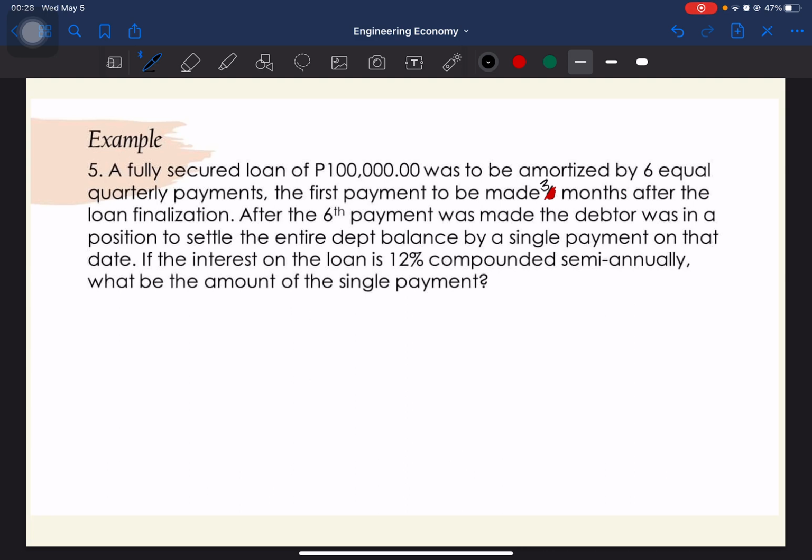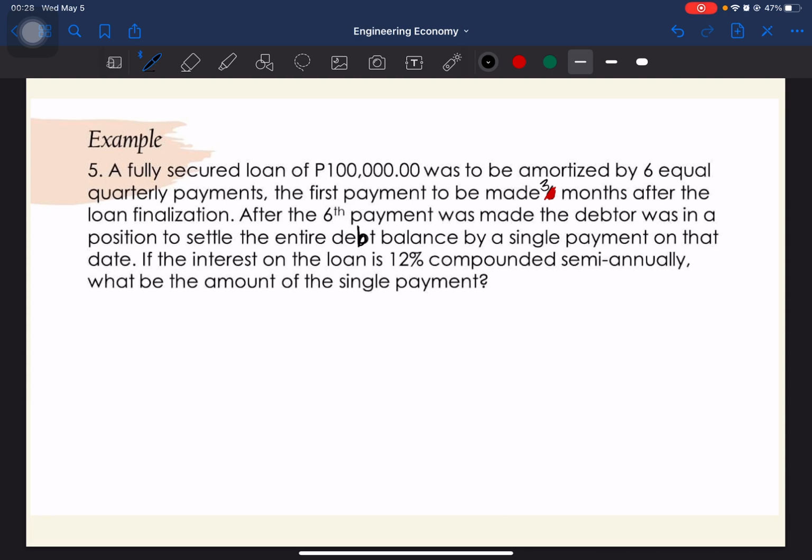After the 6th payment was made, the debtor was in a position to settle the entire debt balance by a single payment on that date. If the interest on the loan is 12% compounded semi-annually, what will be the amount of that final single payment?